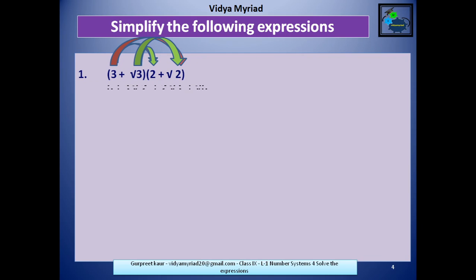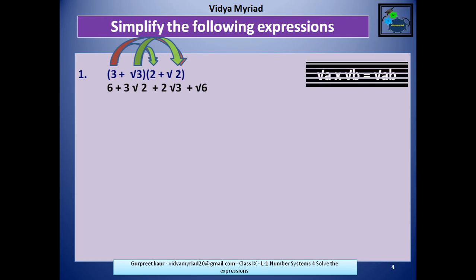Now when I do this, it will become like this. 3 into 2, 6. 3 into root 2, 3 root 2. Root 3 into 2 is 2 root 3. And root 3 into root 2 is root 6. Now this expression I cannot solve further. So I can conclude simply that it is an irrational form.